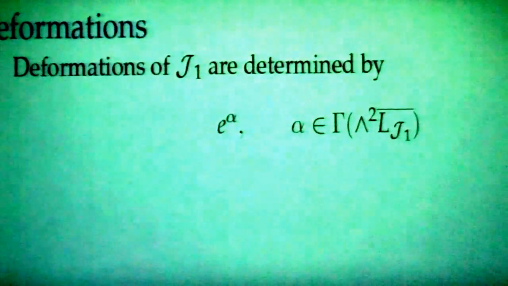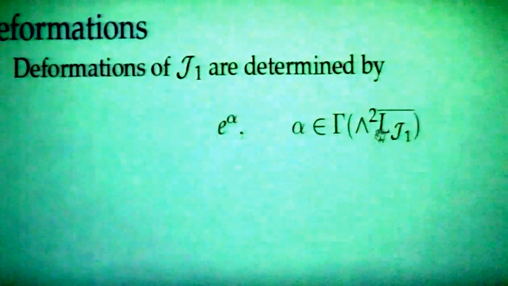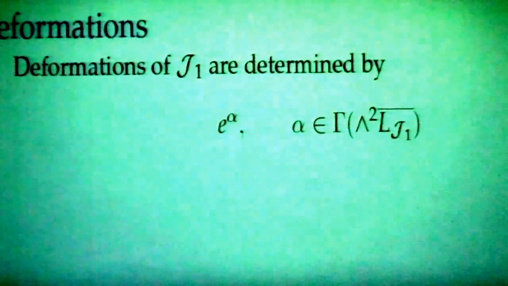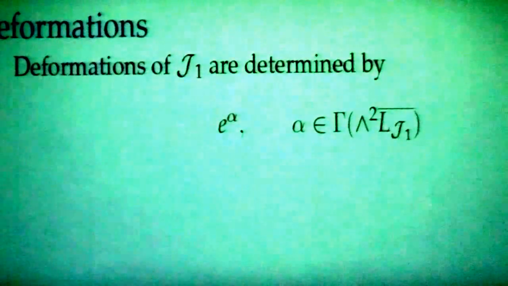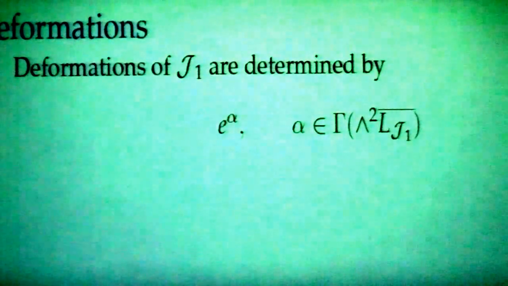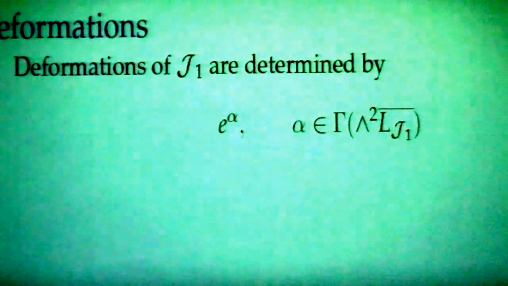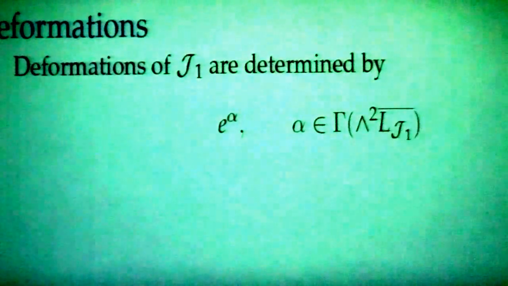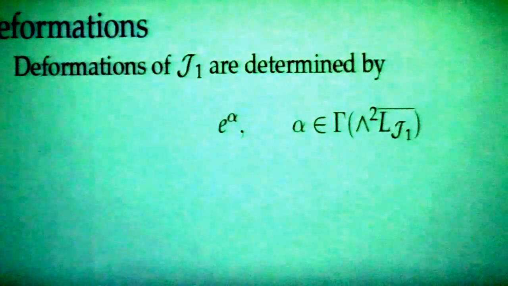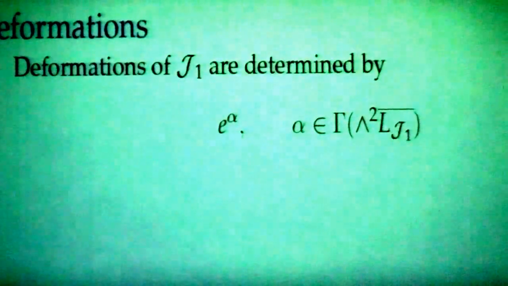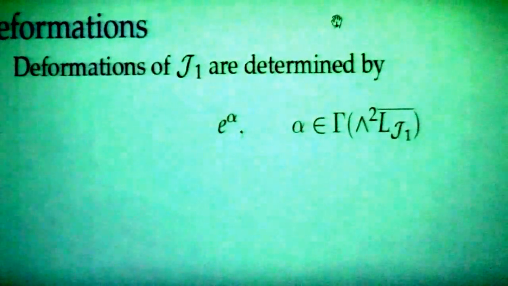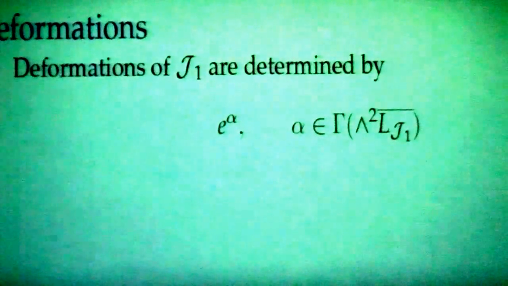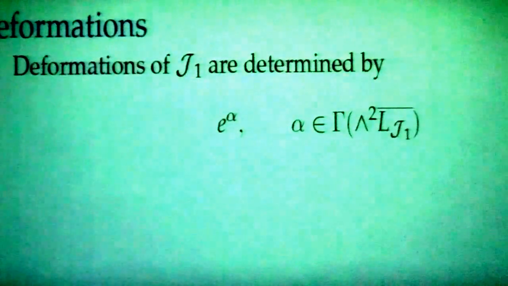So these are deformations of J1, and once you do it like this, you have gauged away a few things. The idea is that every deformation of J1 is in one-to-one correspondence with one such element. Okay, so there are a lot of automorphisms of J1 which I'll use later. But the first thing that you do is just say, well, how can I describe the deformation of J1 alone? The deformations of J1 alone are given by one such element, and this is just the linear algebra part of it. And what I'll do is assume that this linear algebra part actually gives me an integrable deformation of J1. Okay.